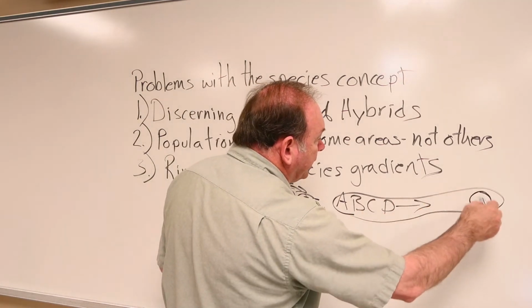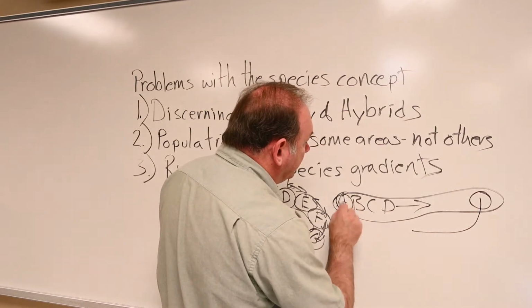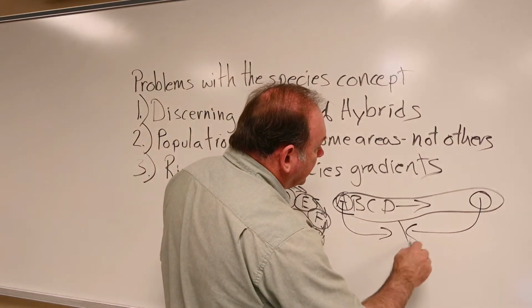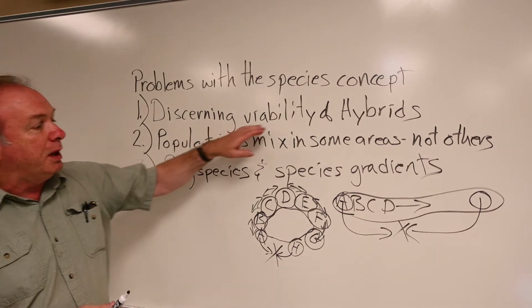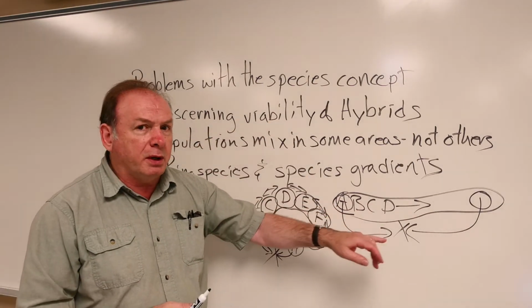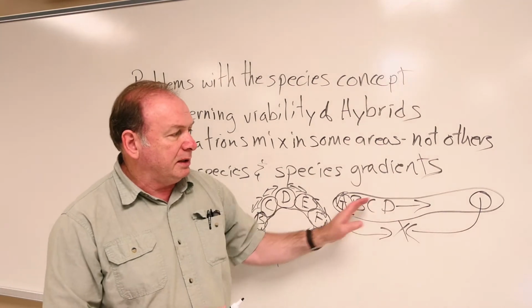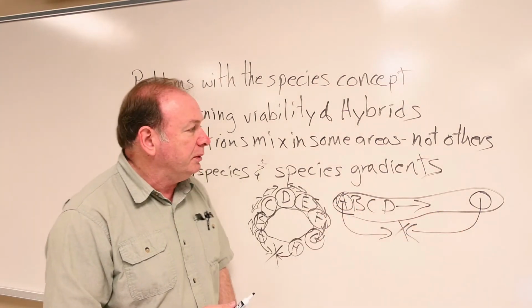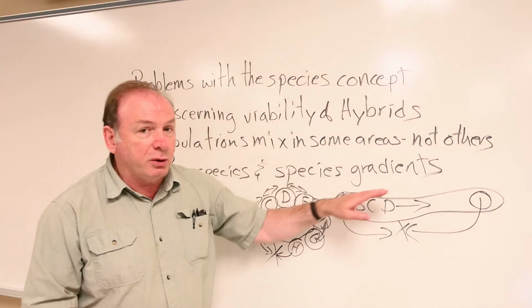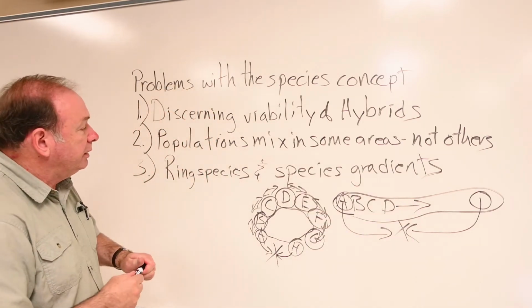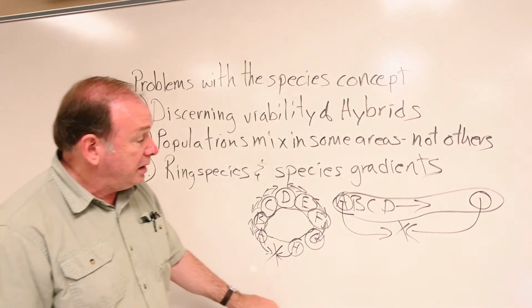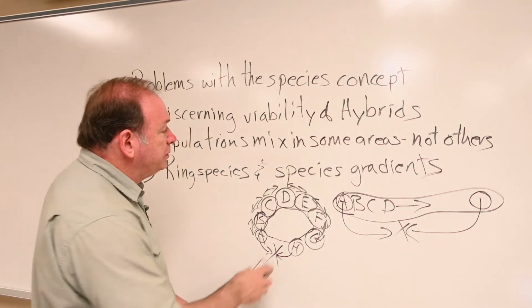But if you took a population from that end and compared it to the species A at this end, again, if they were put together to see if they would produce viable hybrids, they wouldn't interbreed with one another. They are reproductively isolated at the extremes of their distribution. So that's what we call a species gradient, where we have a long gradual change from one form to another. So that complicates our idea of what a species is.